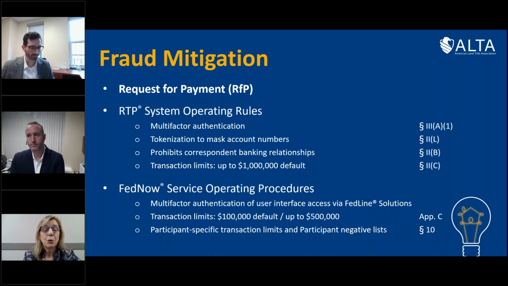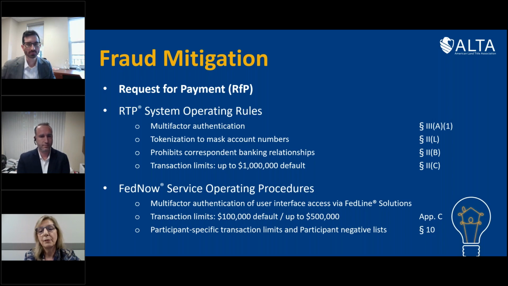Since the request comes directly from the business, this greatly reduces the risk that some fraudster will intervene and provide false wiring instructions, or that the consumer will miskey the business account numbers when setting up the payment. In addition, RTP uses the tokenization of users to mask their underlying account numbers.